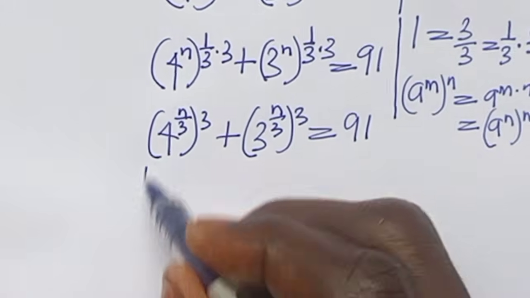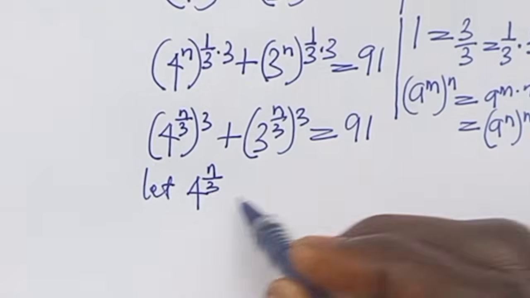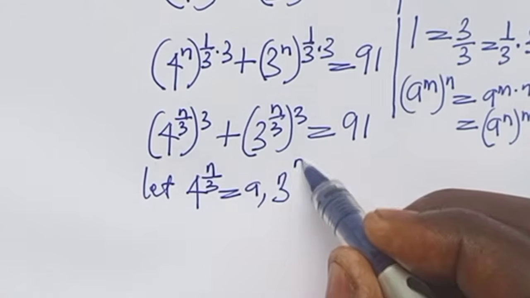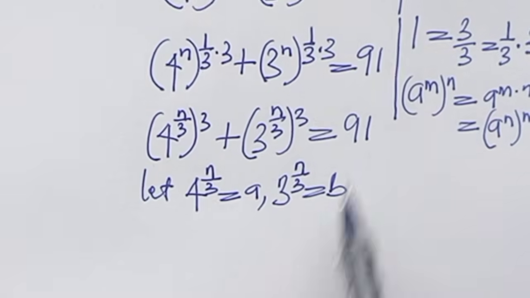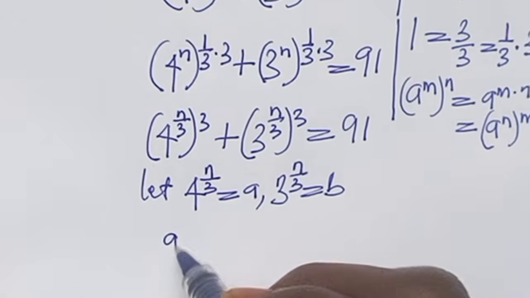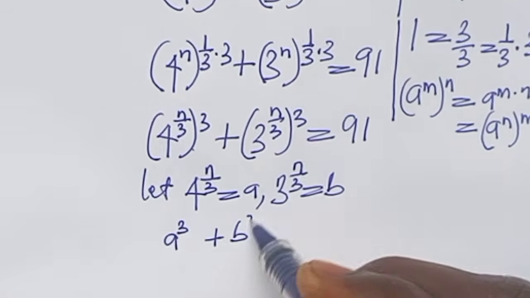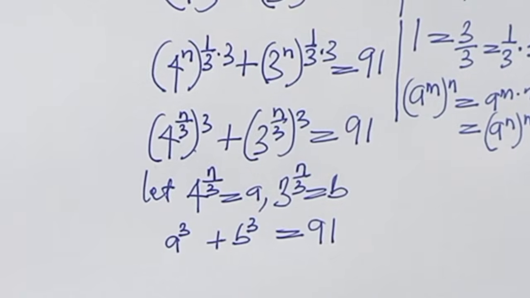So here we can say let 4 to the power of n over 3 be equal to a, and 3 to the power of n over 3 be equal to b. That means our equation becomes a to the power of 3 plus b to the power of 3 equals 91. And we are fine.